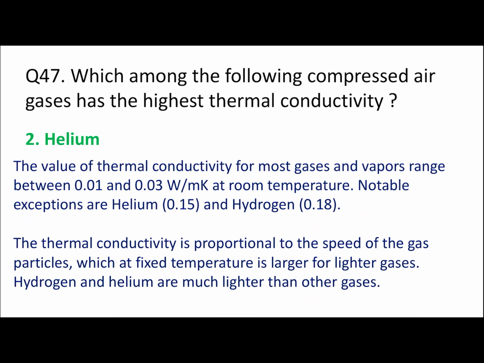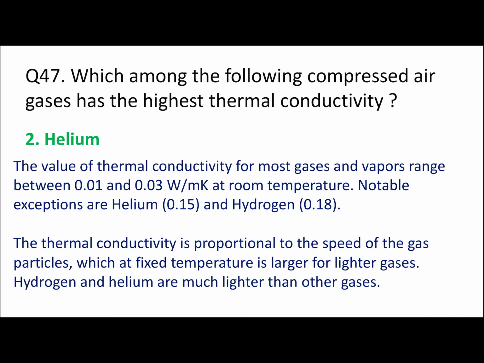Let's see why helium is the right answer. The value of thermal conductivity for most gases and vapors ranges between 0.01 and 0.03 W per mK at room temperature. The notable exceptions are only helium, 0.15, and hydrogen, 0.18. All other gases have very low thermal conductivity.